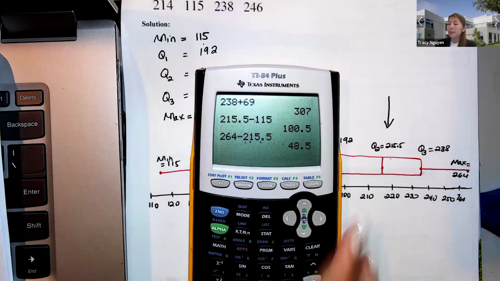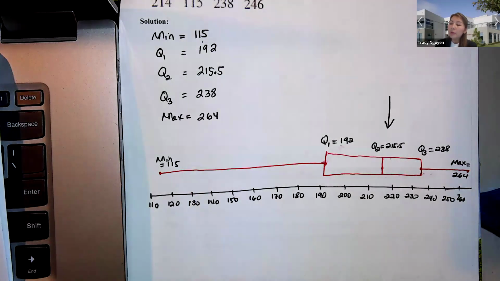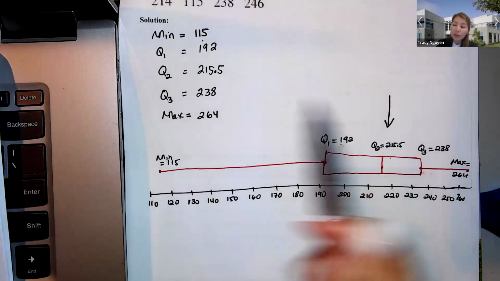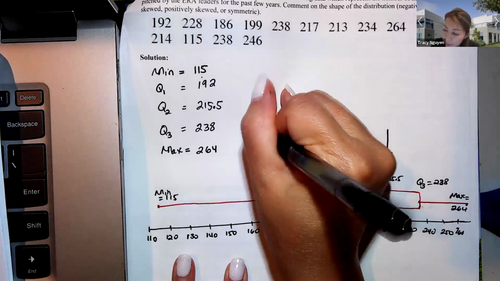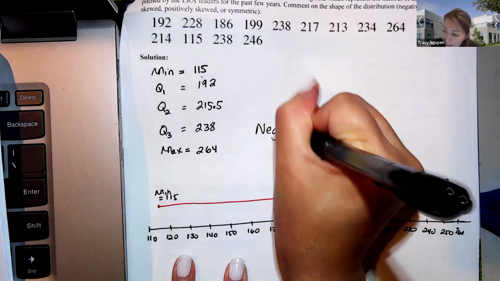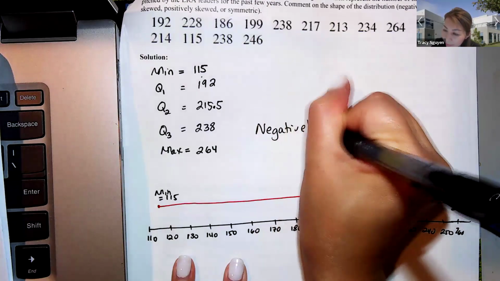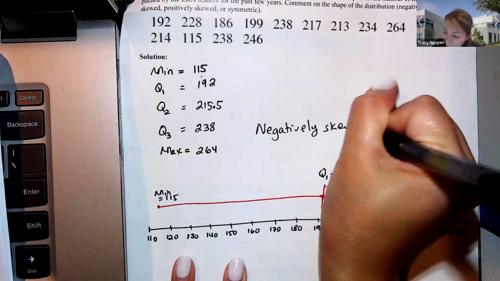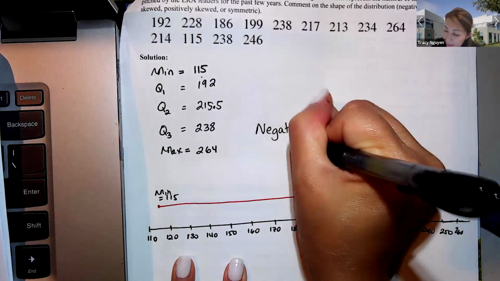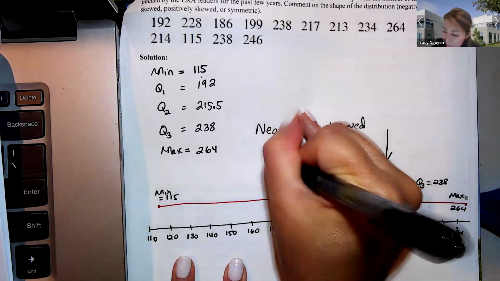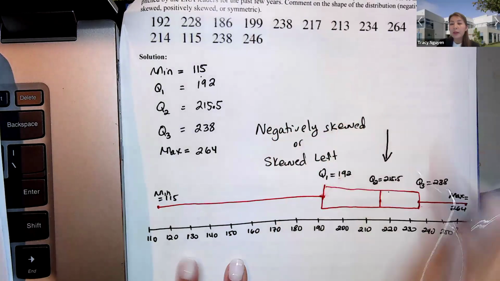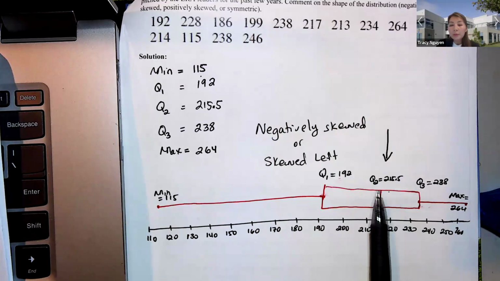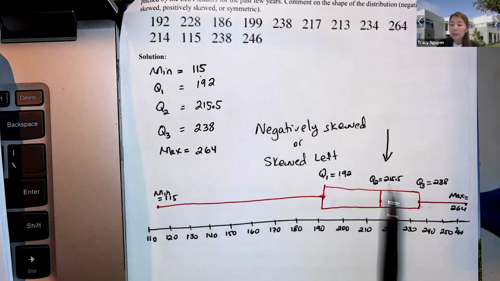And we do see that from my graph. We do have a much longer left side. Therefore, this is the distribution we're going to classify as negatively skewed, or another word is skewed left. Negatively skewed or skewed left, because when we look from the median to the minimum value, we have a much longer left side.